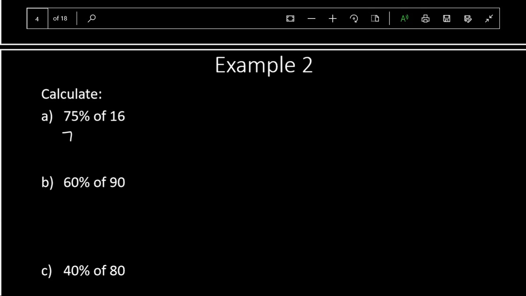I'm going to turn it into a fraction first, because we know percents are always out of 100. So 75 over 100 is the same as 75%. Put that in your calculator, and again, you're going to get 0.75. Then you're going to multiply by the other number that's given to you in the question.